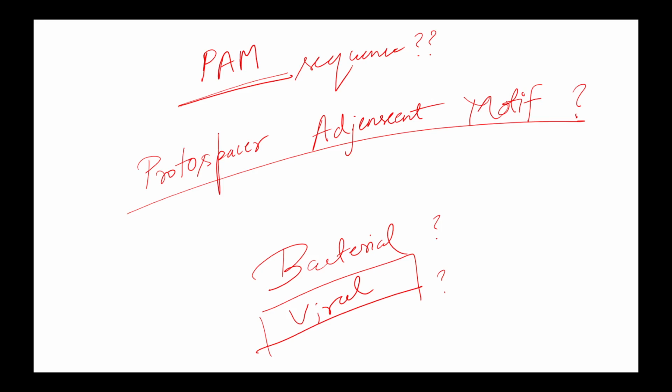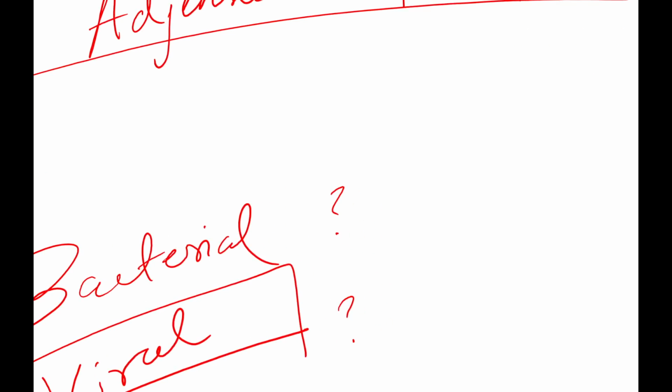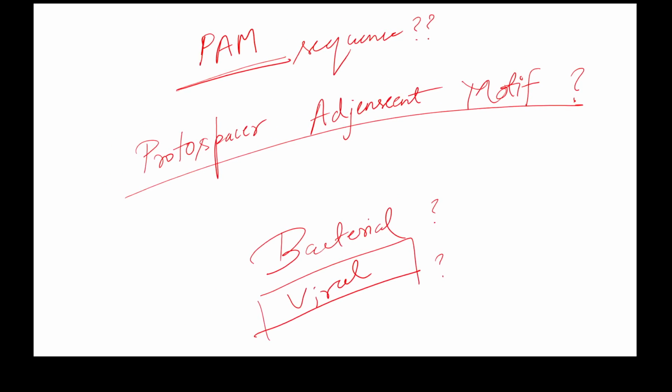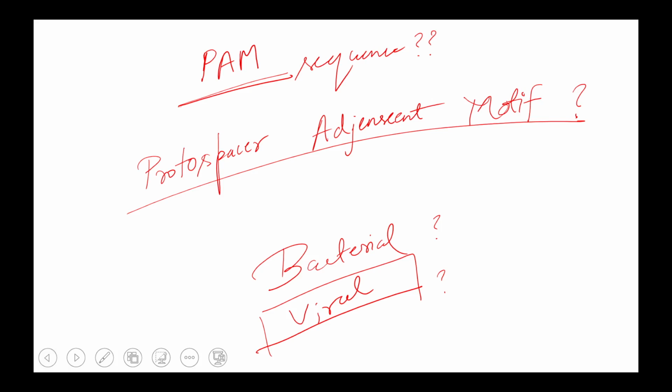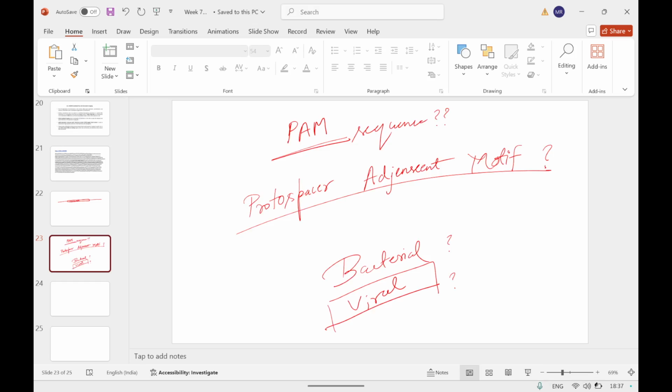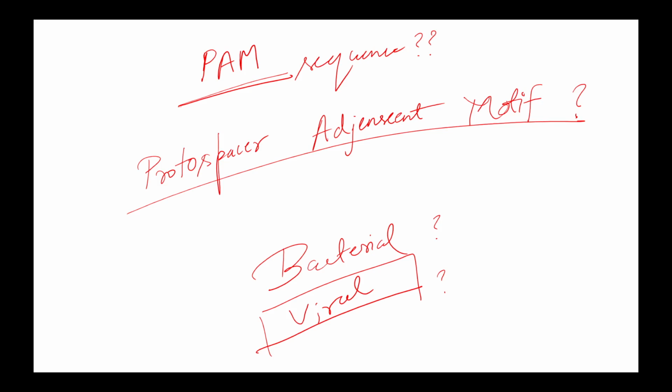The PAM sequence is the sequence which induces the endonuclease activity of the Cas9. Okay, so endonuclease means, let's do it.